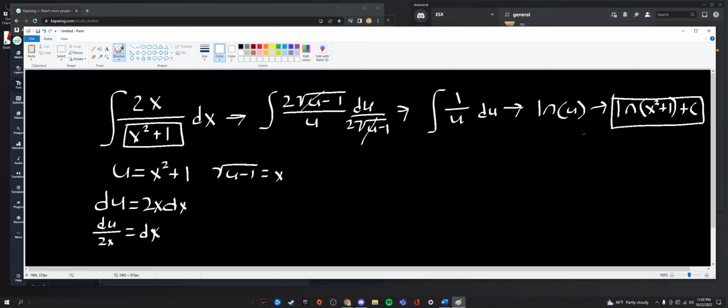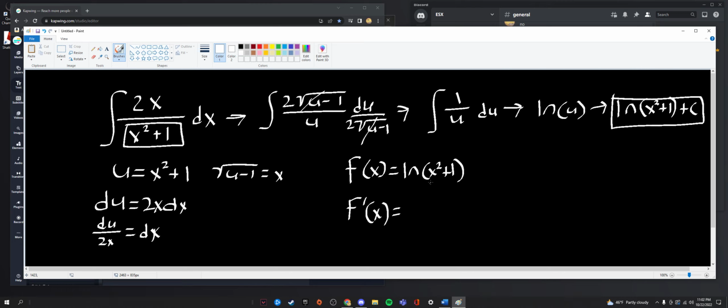And now, just to check, and just to sort of prove a point that u-substitution is almost like reverse chain rule, we're going to be defining some function, f of x, to be ln of x squared plus 1. Now, how do we differentiate this? Well, for f prime of x, in this case we would have to use the chain rule.